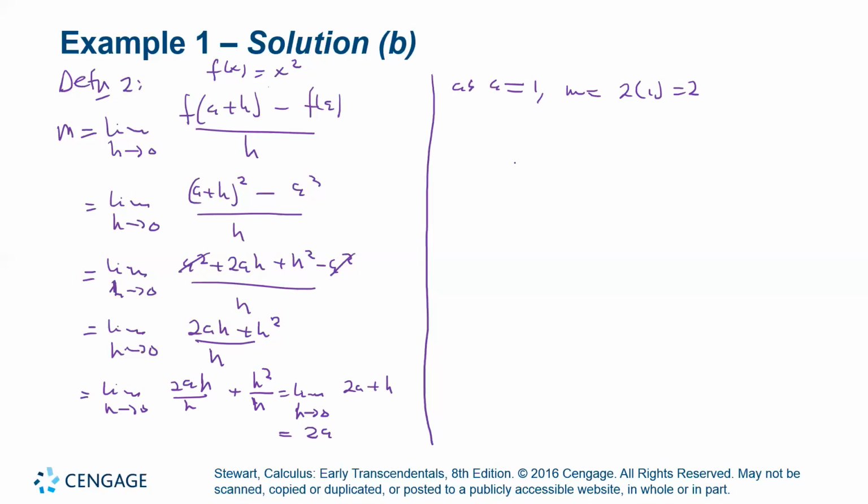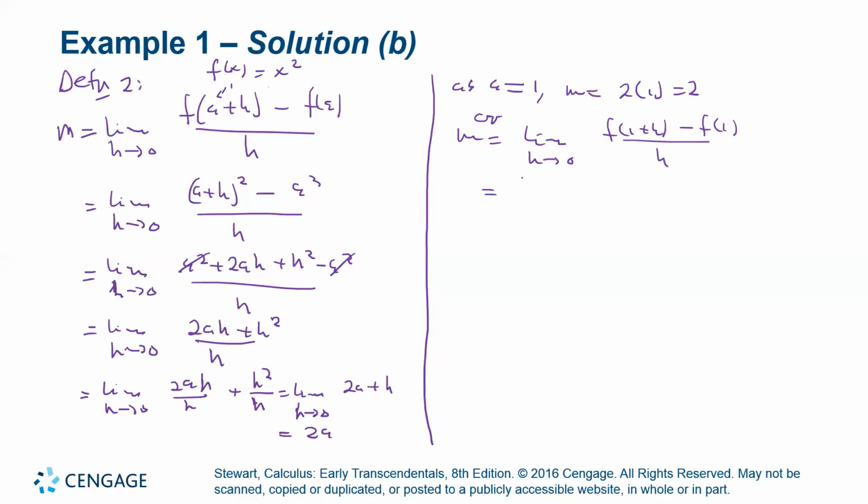So we could have still substituted a equal to 1 into this, and have 1 plus h instead of a plus h, and then simplify them, it will come out easily. I like that approach better. If I want to show that to you, m is equal to the limit, h goes to 0, of f of 1 plus h minus f of 1 divided by h.